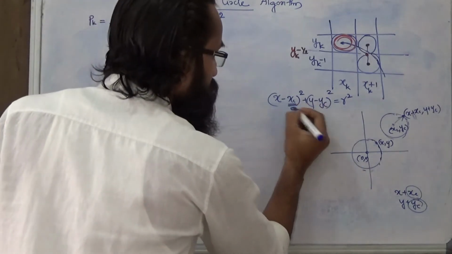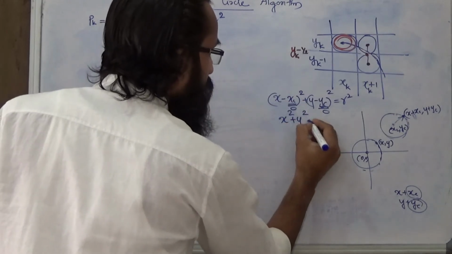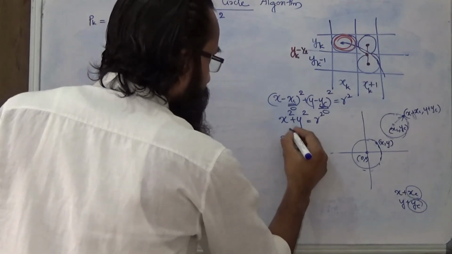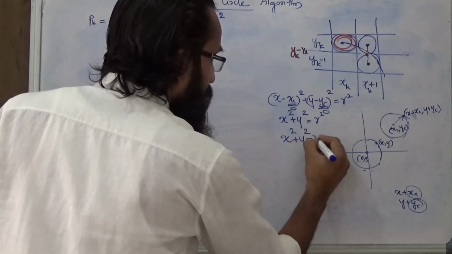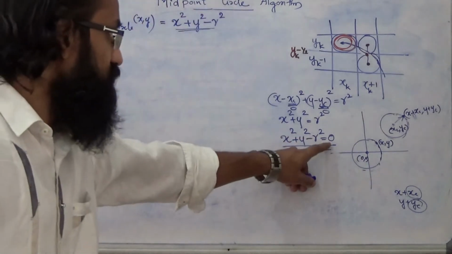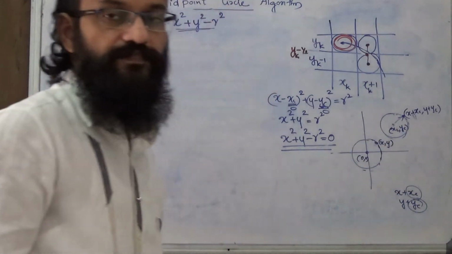So xc becomes 0 and yc becomes 0. So this becomes x square plus y square equal to r square, and you can say that x square plus y square minus r square is equal to 0. This will be equal to 0 if point x, y is on the circular path.